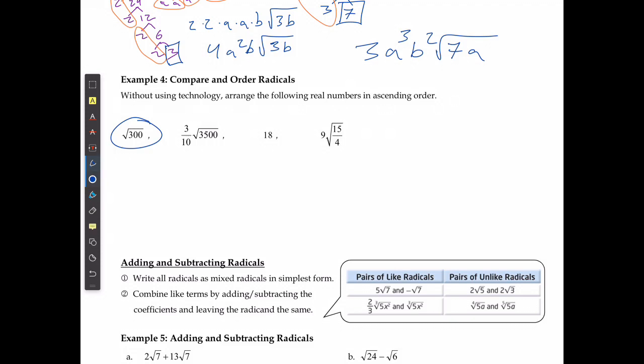So the first one I would have to deal with. The first one is just 300. For the second one, I'm going to have to multiply this in and say I'm going to have the 3 over 10 times 3 over 10 times 3,500, or 3,500 over 1, if you want to think of it that way, so you remember to multiply the numerators, which means that on the top, I'm going to have 3 times 3 times 3,500.